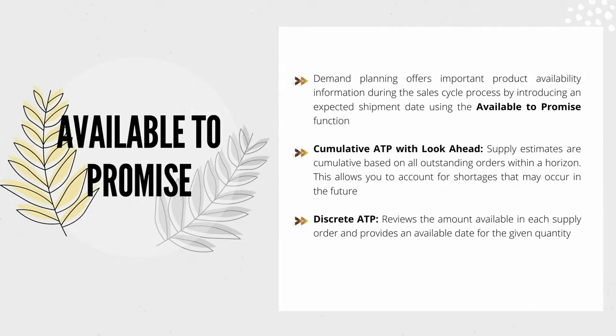The discrete ATP method reviews the amount available in each supply order and provides an available date for the given quantity. So these supply calculations are based on future dated non-posting transactions such as purchase orders, sales orders, and work orders.